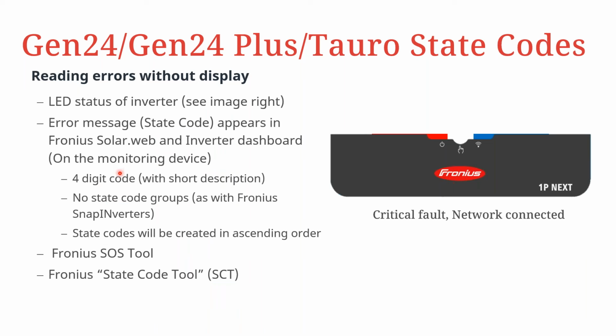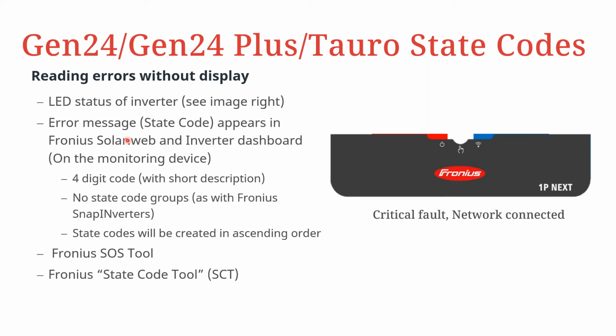For the Gen 24 state codes, there's a bit of a difference between them and that of the Snap inverters, because you'll notice that the Gen 24, the Gen 24 Plus, and the Tauros don't have displays. So of course, there has to be a way to read off these error codes for inverters that don't have displays.